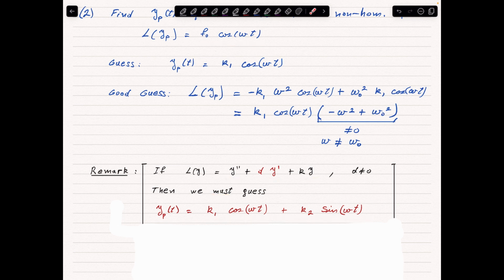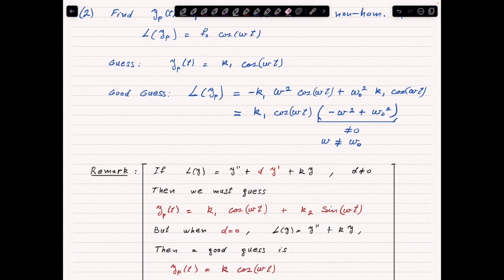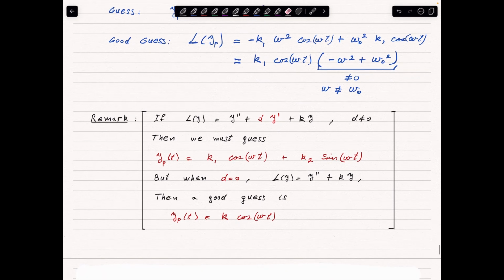But when we have d equals 0, when this term is not there, so the differential operator is like the one we are working with in this calculation, then you don't need the sine term. Only the cosine is enough to find a good particular solution.